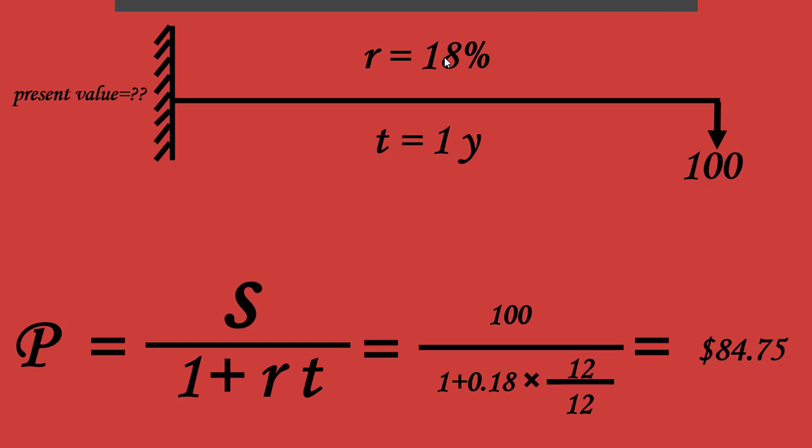Thirdly, when R equals 18%, in the same formula, B equals S divided by 1 plus RT equals $100 divided by 1 plus 18% times 1 equals $84.75. Also, by comparing the three cases, the present value will decrease as the rate increases.